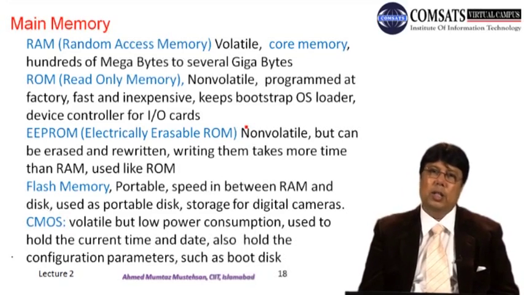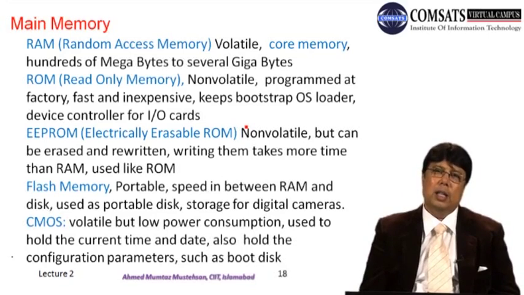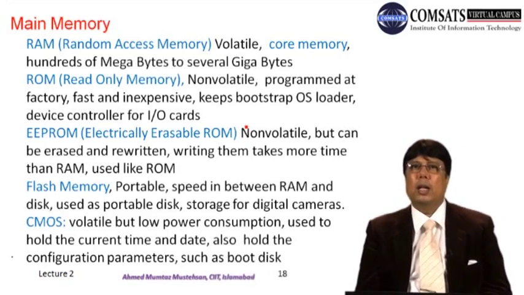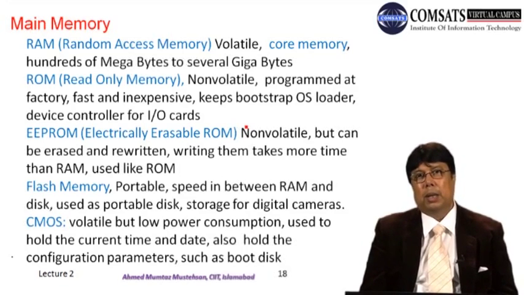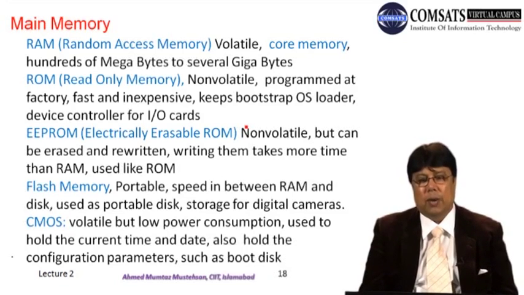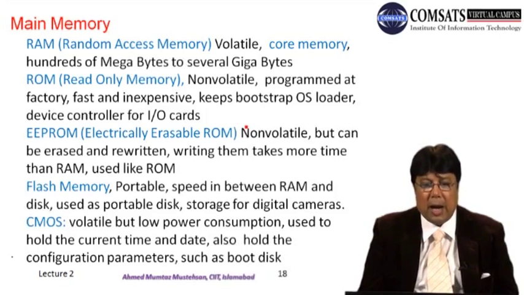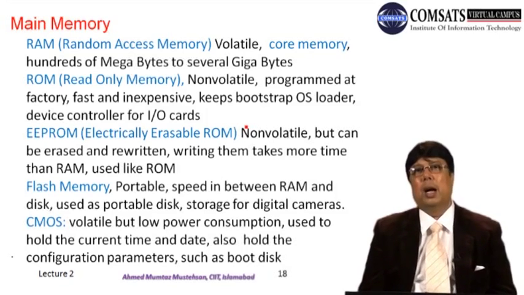This is called volatile. Volatile means it is sensitive to power. As long as the power is there, the data available in the memory is retained, but whenever the power is switched off, the data vanishes, and that's why it is called volatile. And it is of the order of gigabytes.